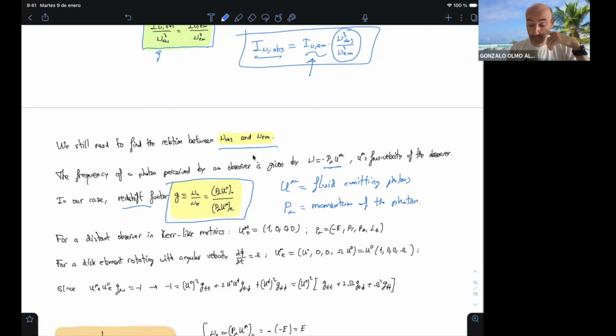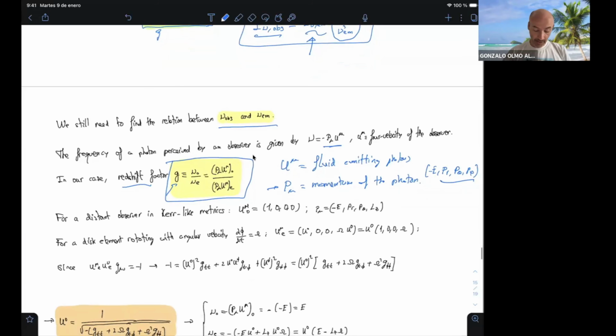This momentum of the photon is represented by the energy, the P r, P theta, and P phi that we obtain from the numerical integration of the geodesic equation. Okay, so this factor g is computed numerically. Once we determine the intersection points, we can compute these things.